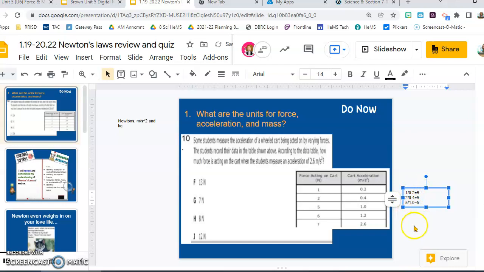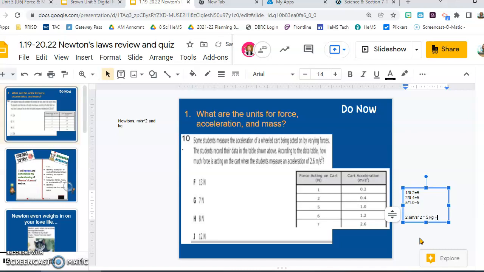So if I have mass, these have all come out at about 5, times acceleration, that actually gives me that last force. So now I can say 2.6 meters per second squared times 5 kilograms.